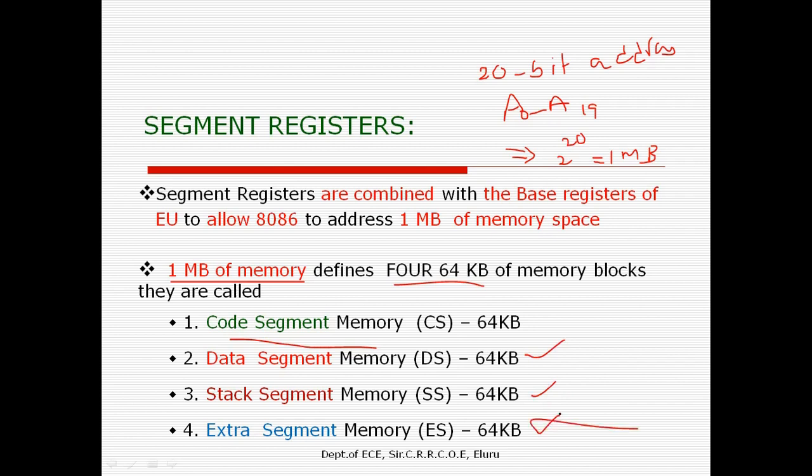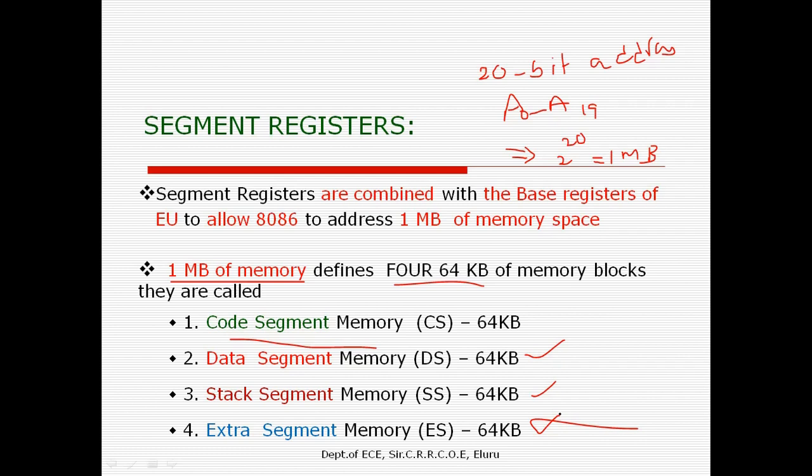These are all the memory blocks here, and each memory block is 64 kilobytes in size. Each of these blocks is used for different purposes by the processor.